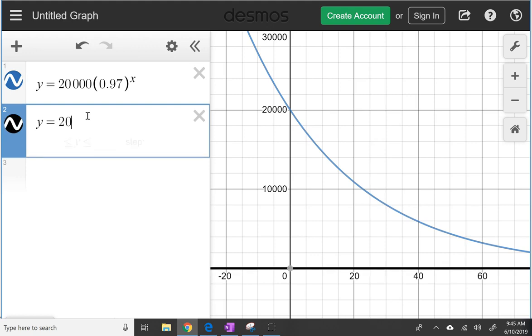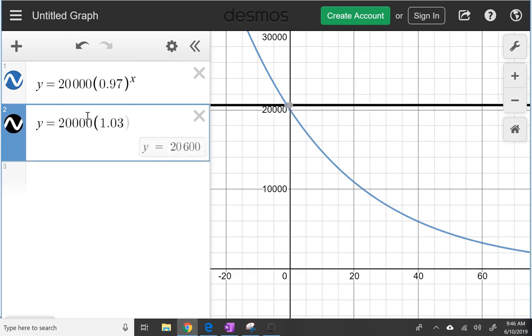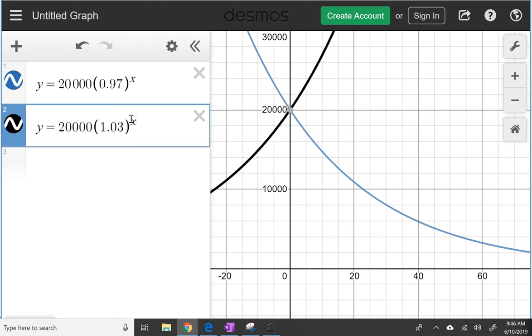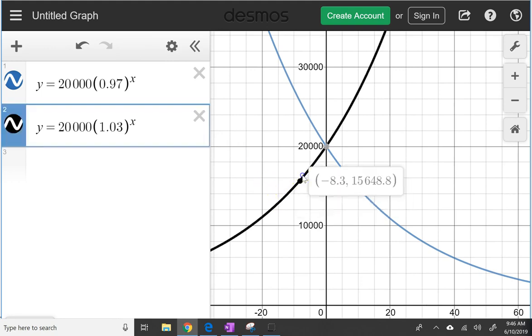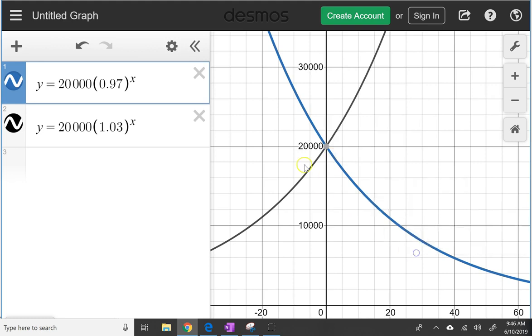And so let's compare that to the bank account where it was appreciating, where we had the 1.03 to the x power. So you can see there's a relationship between these two. The one is increasing exponentially, the other is decreasing exponentially. And so the graphs are kind of reflections of each other over the y-axis, which is just interesting. And you can see they have the same y-intercept.